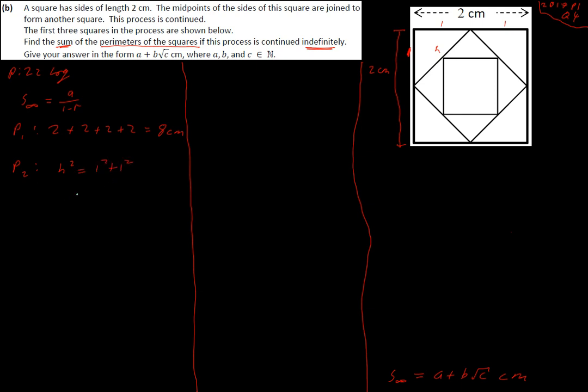We're using Pythagoras' theorem. We rearrange that out, and h is equal to root 2. So then my perimeter in stage 2 is going to be root 2 plus root 2 plus root 2 plus root 2, which is equal to 4 root 2 centimeters.